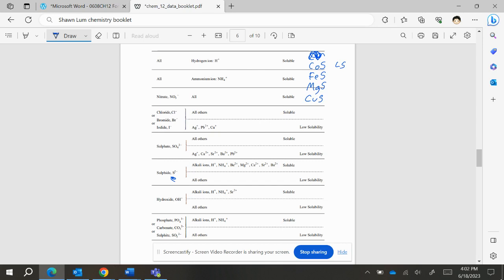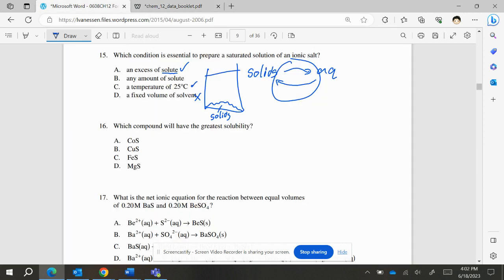FeS is also low soluble. MgS is soluble, so that's looking like our winner. And CuS is also low soluble. So that's going to be our answer right there, MgS. MgS has high solubility.